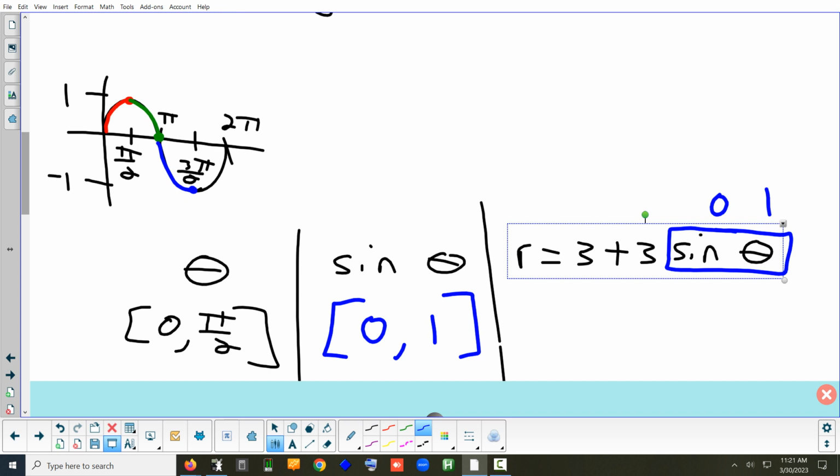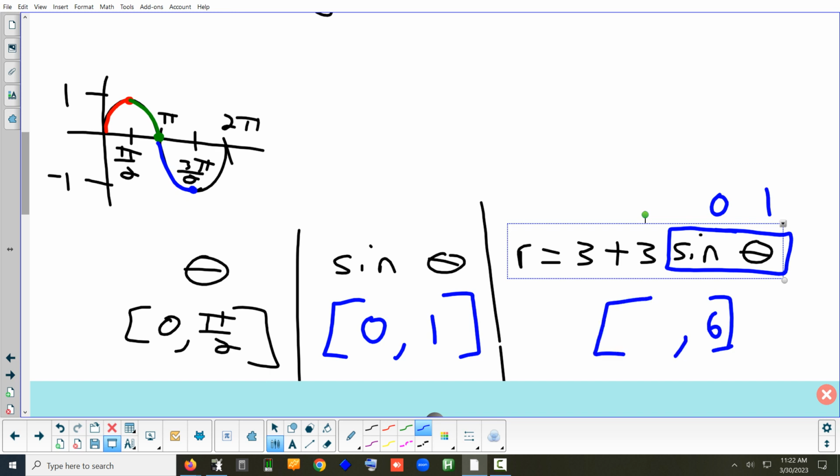So the biggest that we could ever get for the radius here would be what? For the whole entire thing, what's the biggest number you could ever get? Right. If this was 1, 1 times 3 is 3, and 3 plus 3 is 6. That's the biggest radius.